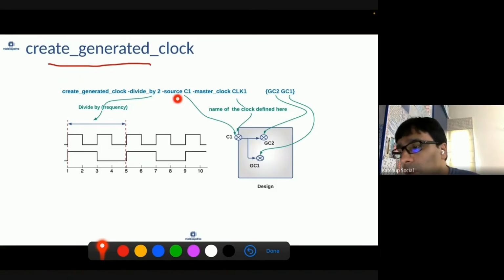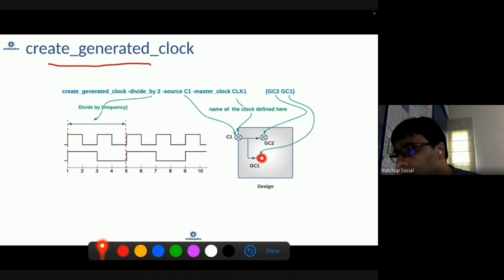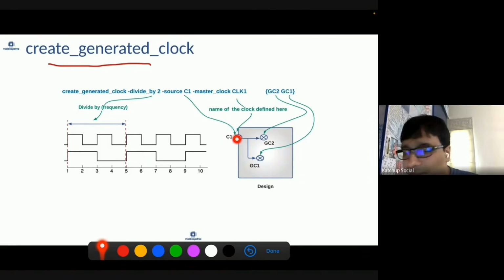Then the source, you are telling from which source this clock is created. So let's say there are two nets in the design, GC2 and GC1. Here you want to define a generated clock, so you'll specify this option, and then you specify from where this clock is created, what is the source of this clock. And this source is a design object which you define using the -source option.